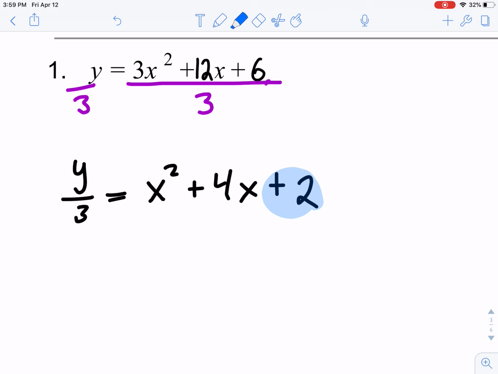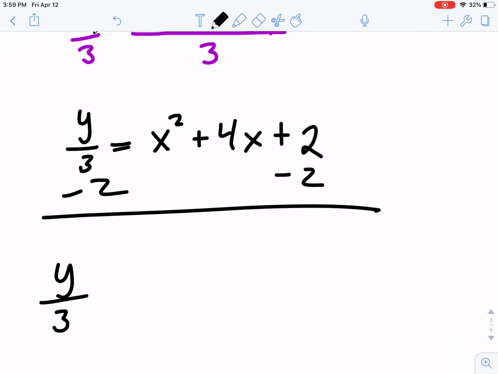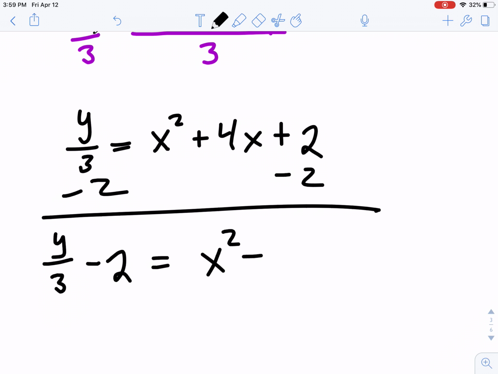That being said, some of you may be looking at this and going, oh, it's almost a perfect square if I added 2 more tiles, but let's pretend you don't see that. So if you were to draw this out, you write your y over 3 again. Oops, sorry. You're going to subtract 2 from both sides first. And we have y over 3 minus 2 equals x squared plus 4x.